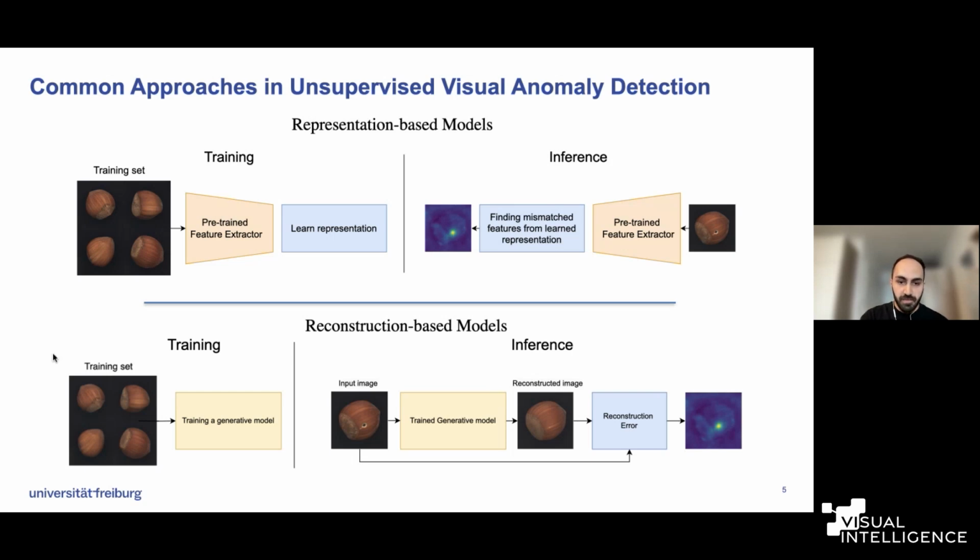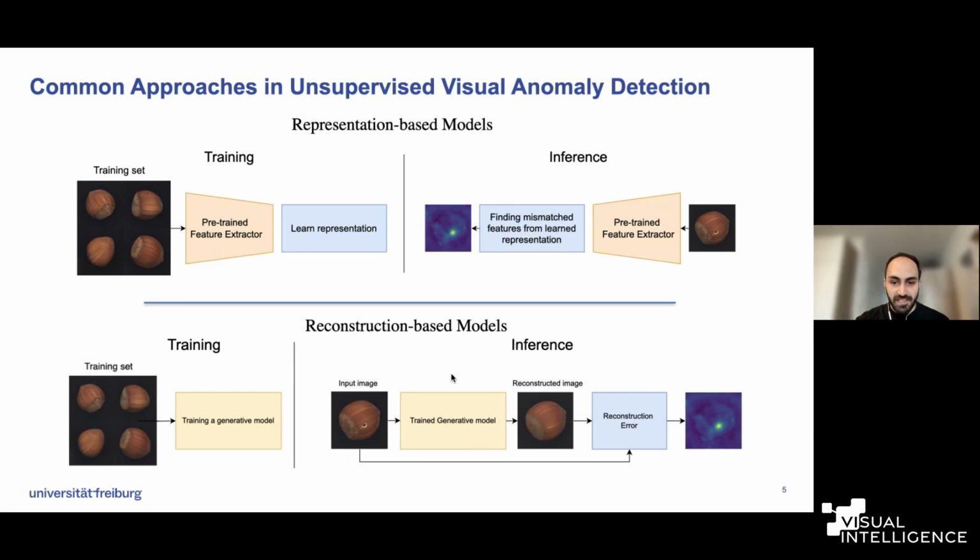On the other side, we have reconstruction-based models, which are also the interest of the paper we introduced. During training, we only have the training data set, similar to the representation-based models. Here, instead of using a pre-trained feature extractor, we directly train a generative model to learn the representation of the training data set. Then we leverage our trained generative model to reconstruct our input image.